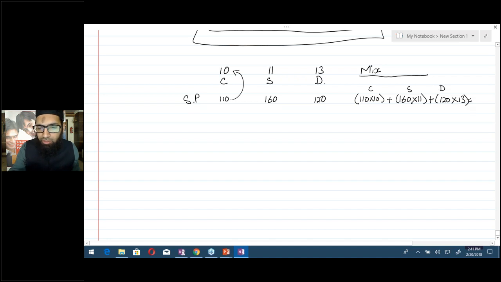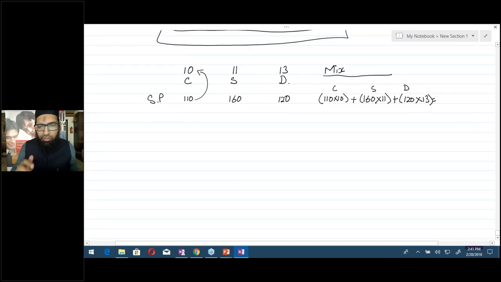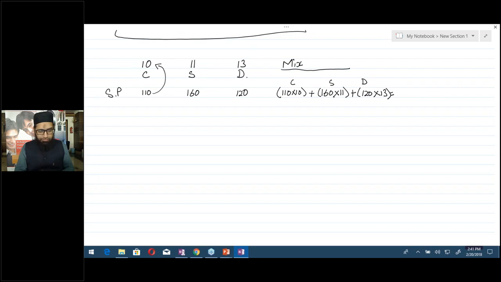So 110 multiplied by 10 plus 160 multiplied by 11 plus 120 multiplied by 13 is 4420.